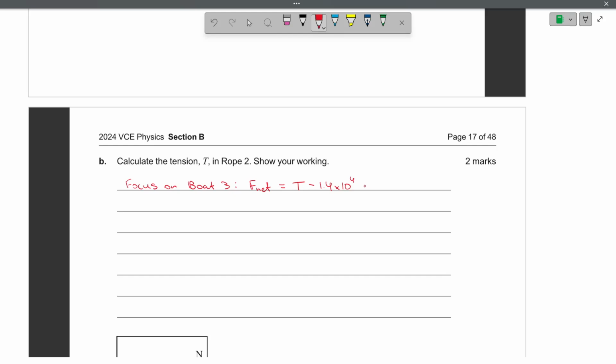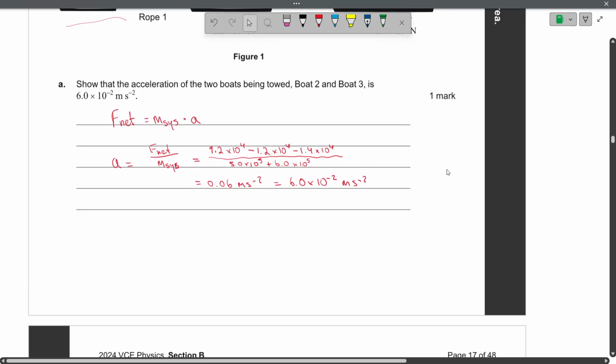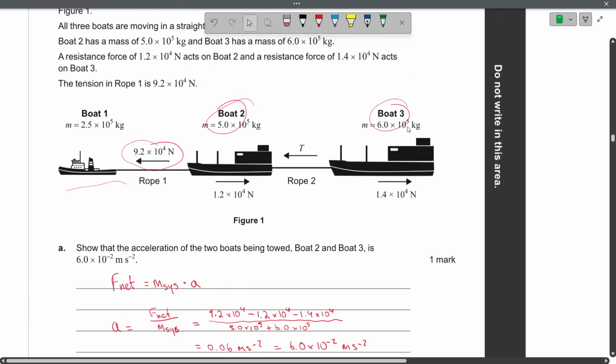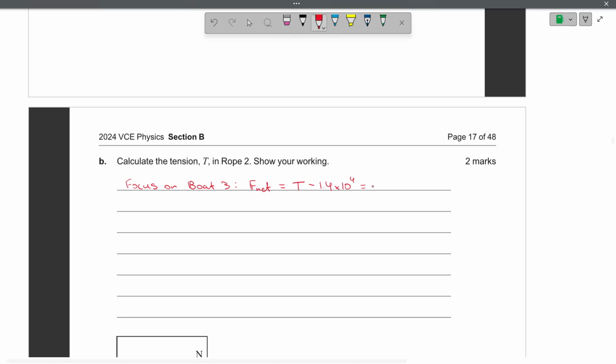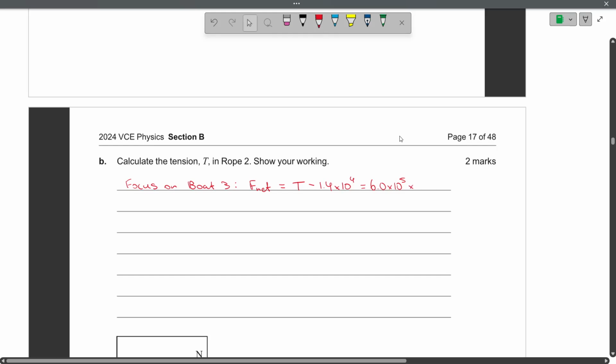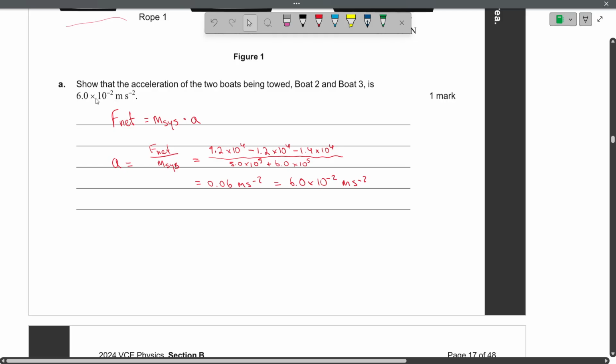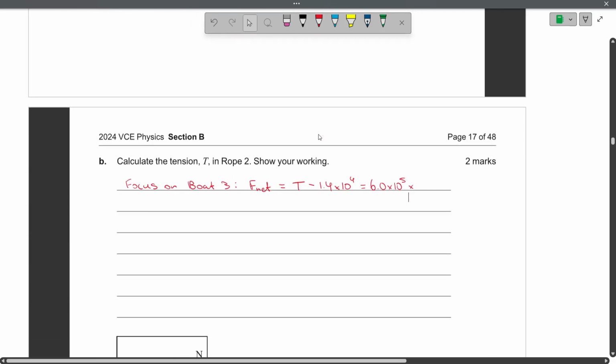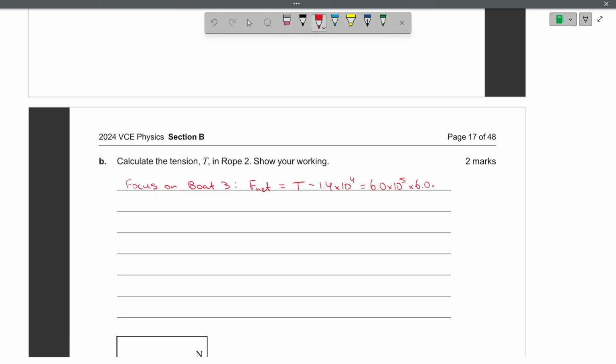And we know net force is equal to mass times acceleration. The mass of boat 3, 6 times 10 to the 5 kilograms, times the acceleration of boat 3, which we know from part A is 6 times 10 to the minus 2 meters per second squared.